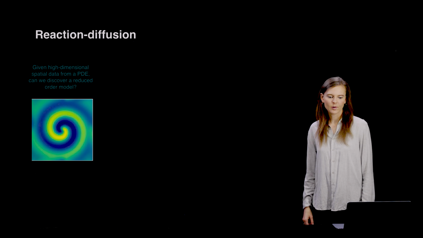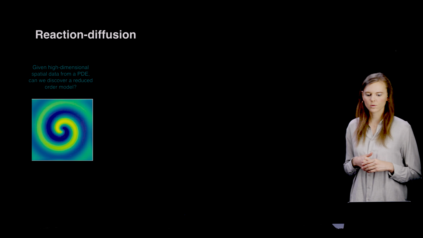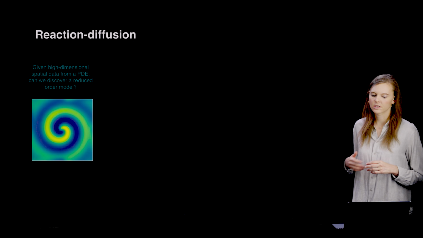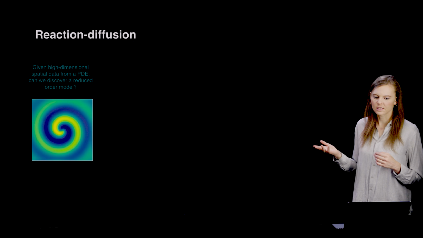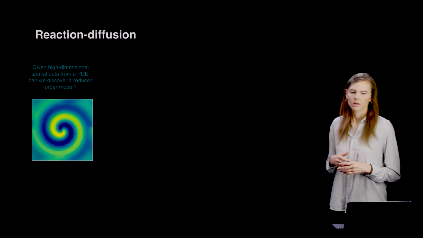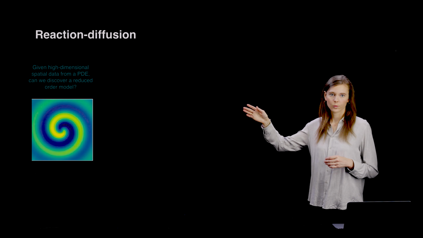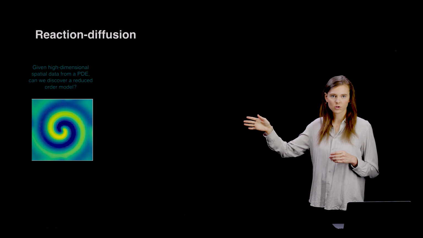The next example I'm going to talk about is based on a simple reaction diffusion system. We wanted to see if, given high-dimensional spatial data from a PDE, we could discover a reduced order model for the PDE. In this case, we're working with a reaction diffusion system that has a simple spiral wave shown here.